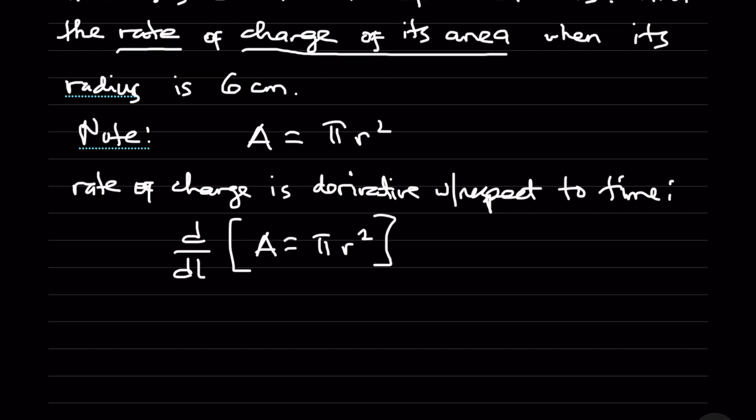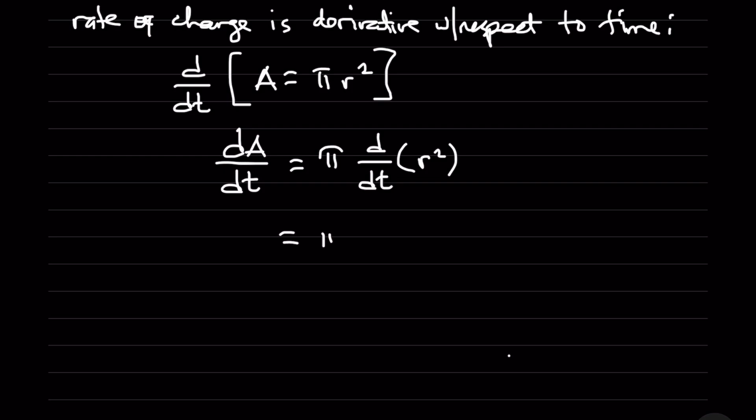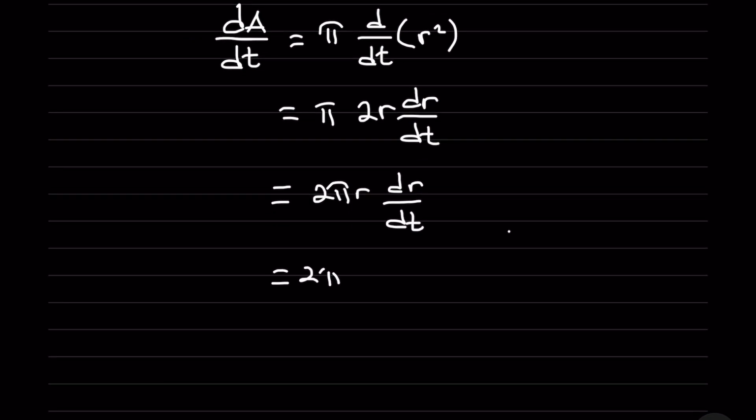So we differentiate the equation with respect to time. The derivative of the area with respect to time, that's dA over dt, equals pi, which is a constant, times the derivative of r squared. So you will find that it is equal to 2 pi times r times the derivative of r with respect to time.